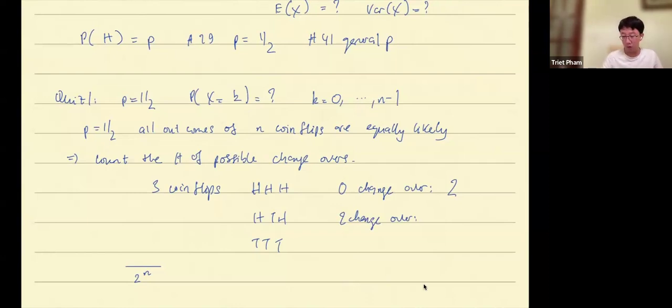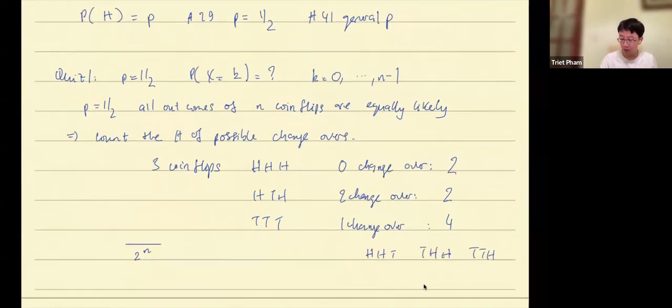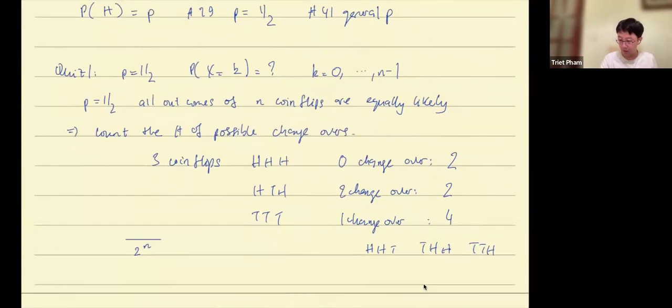Which ones? Head, tail, head, and tail, head, tail. Well, the remaining 4 would be what? 1 changeover. Which ones? Head, head, tail, head, tail, tail, and so on. These all give me 1 changeover.